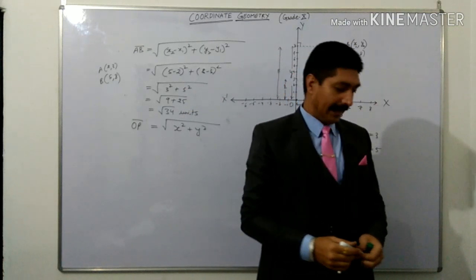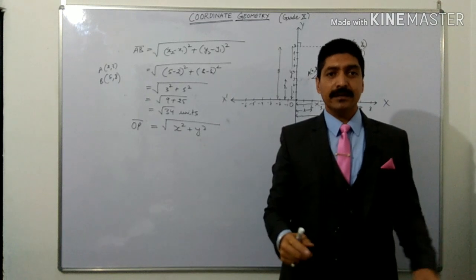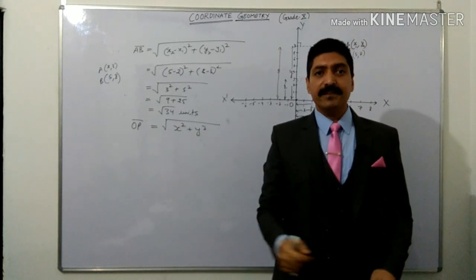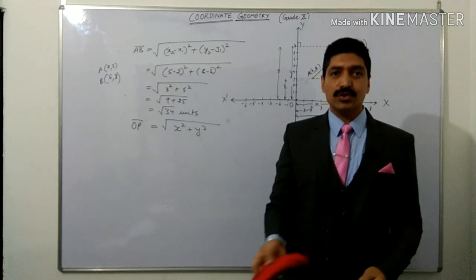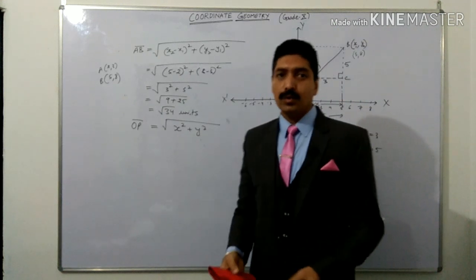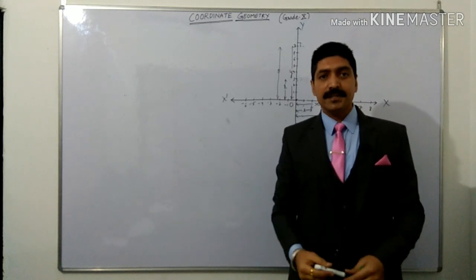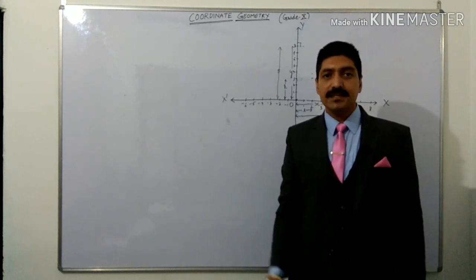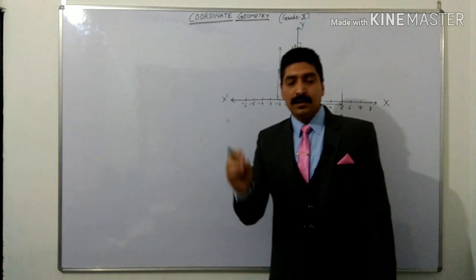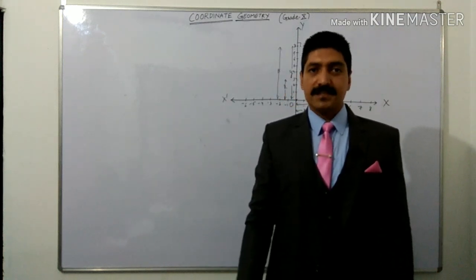When we divide any line segment in a definite ratio, either k ratio 1 or m1 ratio m2, we find the coordinates of the point which divides the particular line segment in a fixed ratio.